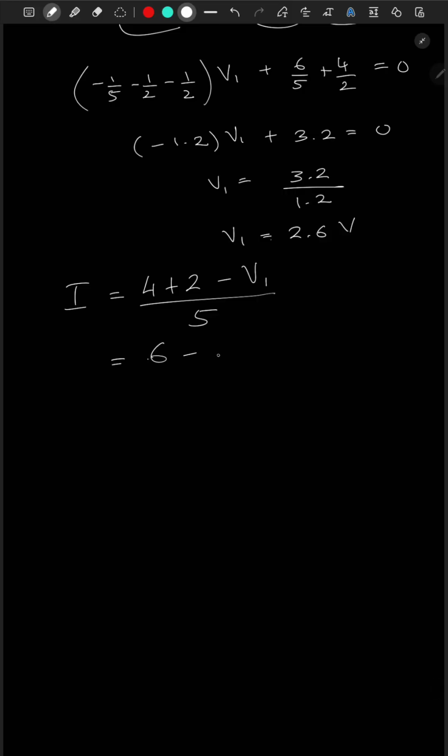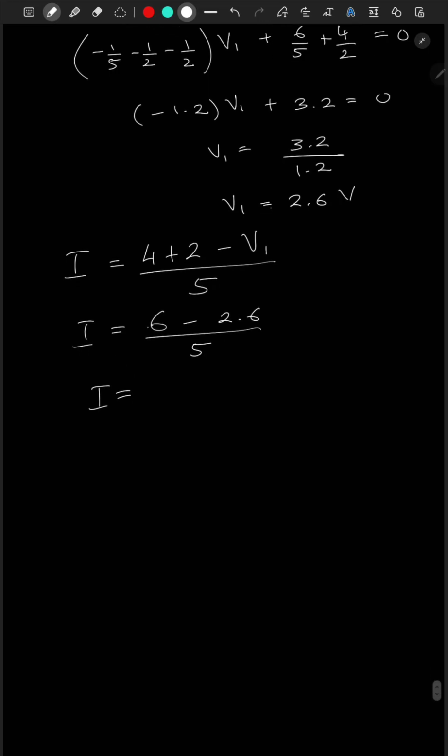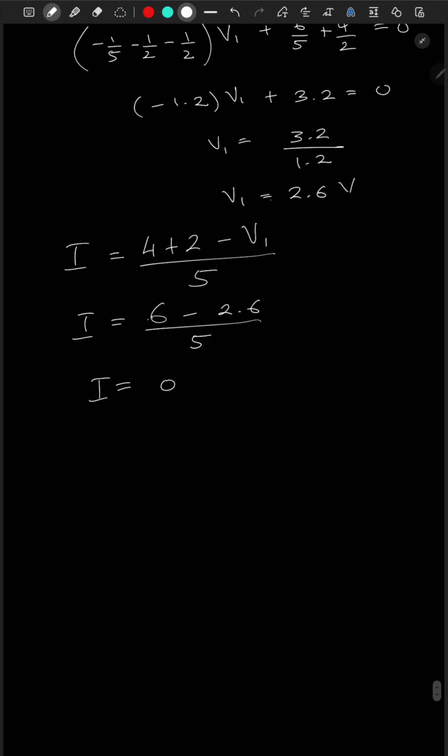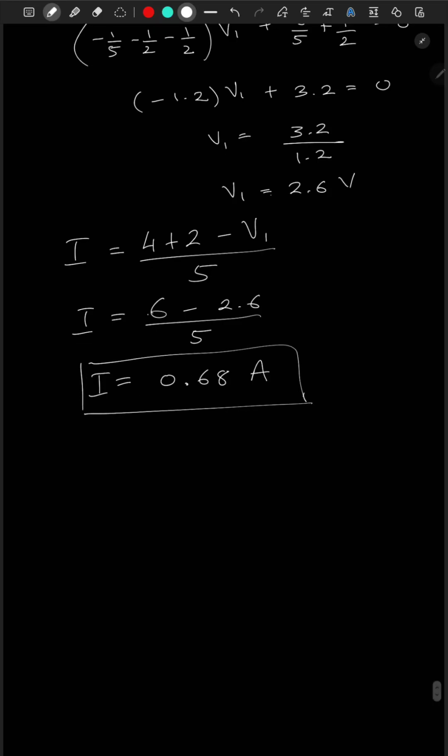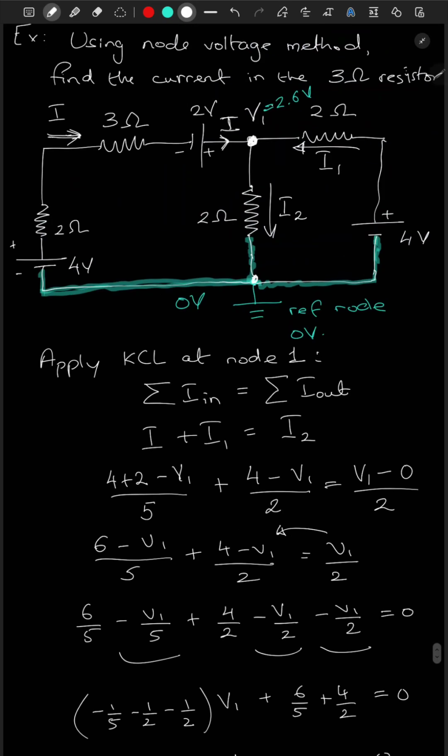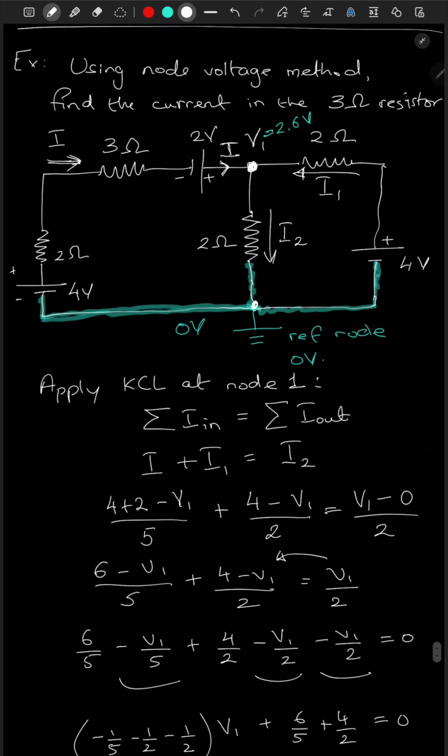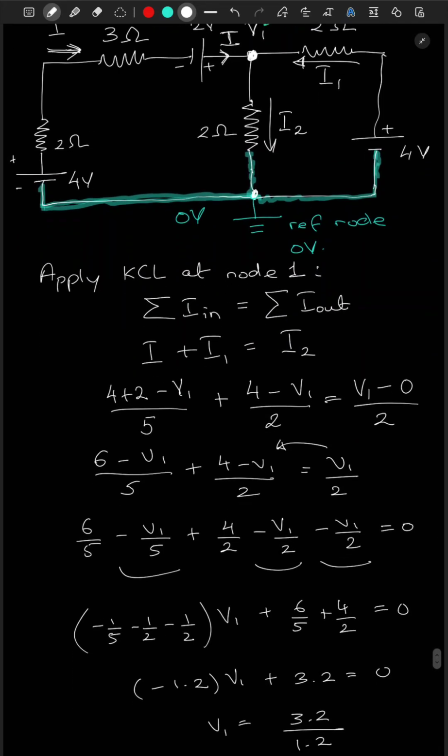So it is 6 minus 2.6 divided by 5. So when you calculate this, you will get a value of 0.68 ampere. So the unit for current. So this is the answer. A simple example on how to use node voltage analysis to find a current.